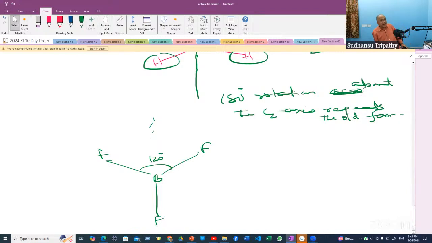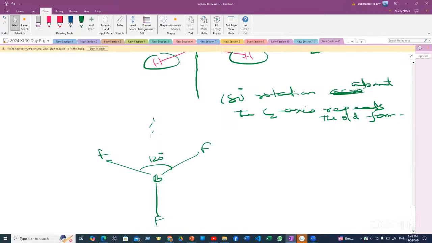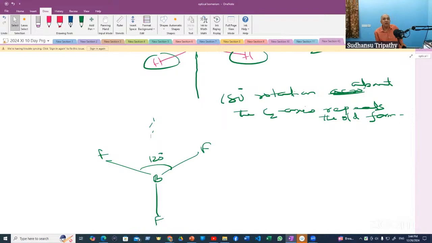Are you able to understand what I am saying? Yes, sir. So we are not discussing sigma. There are 3 sigmas here. One sigma passing through one fluorine and boron, but the other 2 fluorines will be images of each other. And the other one will be passing through the boron and other fluorine, and so also the third plane. So we are discussing about axis of rotation, n-fold. Tell me what will be the name of the axis?